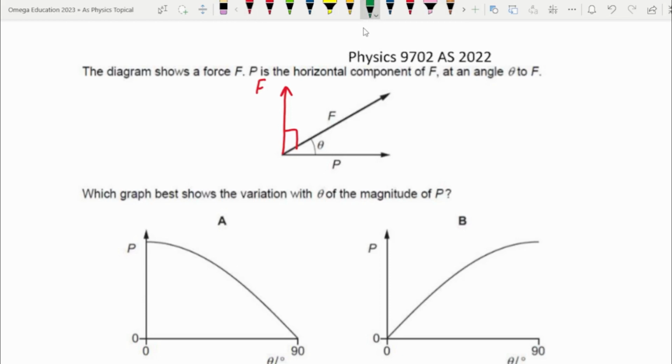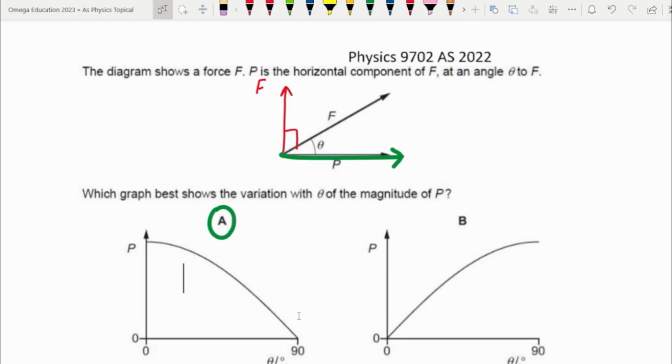A vertical vector has no horizontal component, because even if you try to find this component of the vector which is perpendicular, you'll be writing F cos 90. Cos 90 is 0, so mathematically the answer would again be 0. So increasing the angle, the magnitude of P would decrease, and if it approaches 90, it would be reduced to 0. And for this one, the very first option, A, is the right answer.